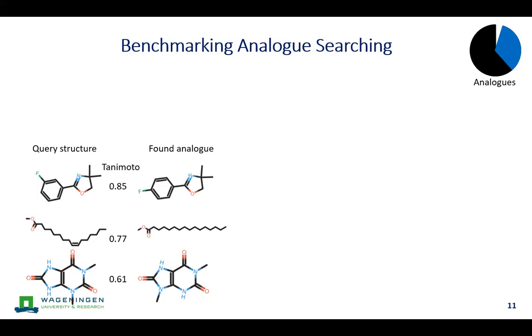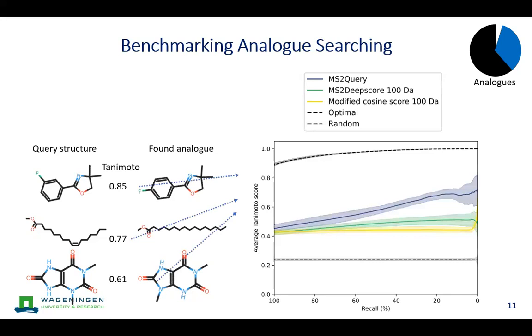Let's assume for now the higher the better, 1 is equal. If we do a random sort in this GNPS library, we get roughly 0.2. If we look for the optimal analog, it is 0.9-ish, getting closer to 1 if we increase the threshold. In other words, the further right we go, the more we increase the threshold, so we get more and more reliable matches, and you can see that coming back in the scores.